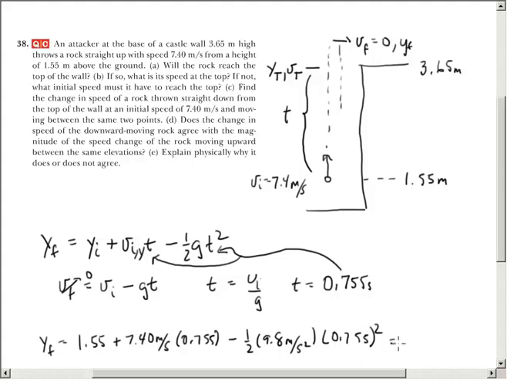And that comes out to be equal to 4.34 meters, which is greater than the 3.65 meters, which is the height of the wall. The next question is, what is the speed at the top of the wall?